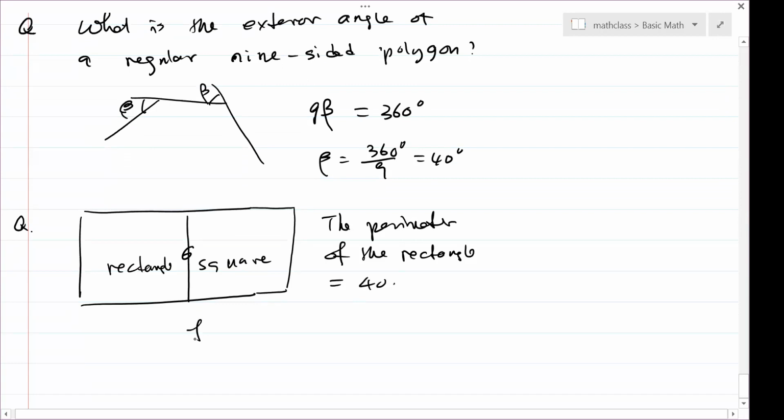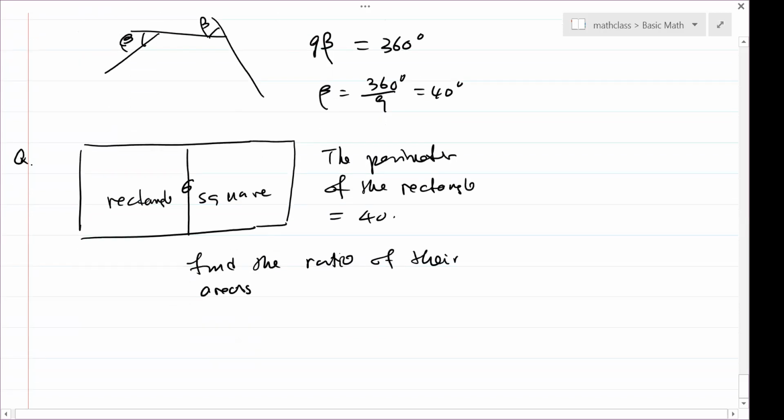Okay, I want to find out the ratio of the areas. Well, the area of the square to the area of the rectangle.